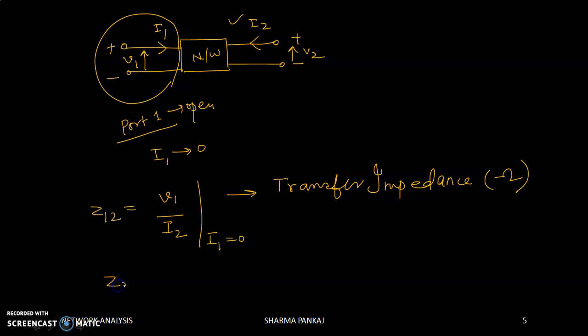Likewise, Z22 will be equal to V2 by I2 when I1 is equal to 0. This is called driving point impedance at port 2.